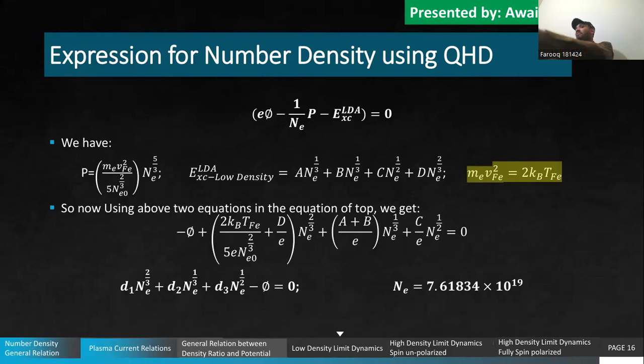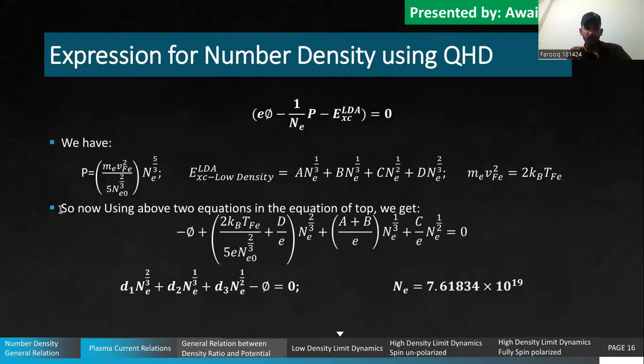Because of that applied temperature, thermal energy is given, and when thermal energy is given, kinetic energy is increased, which means that thermal energy is providing the kinetic energy to the electrons. That's why the electron moves fast. So that's why we are using this relation, m vFe square is equal to 2 kB TFe.